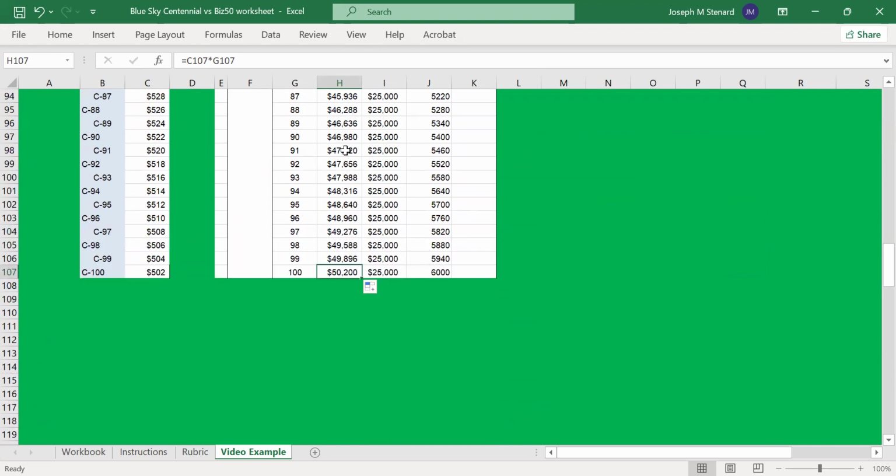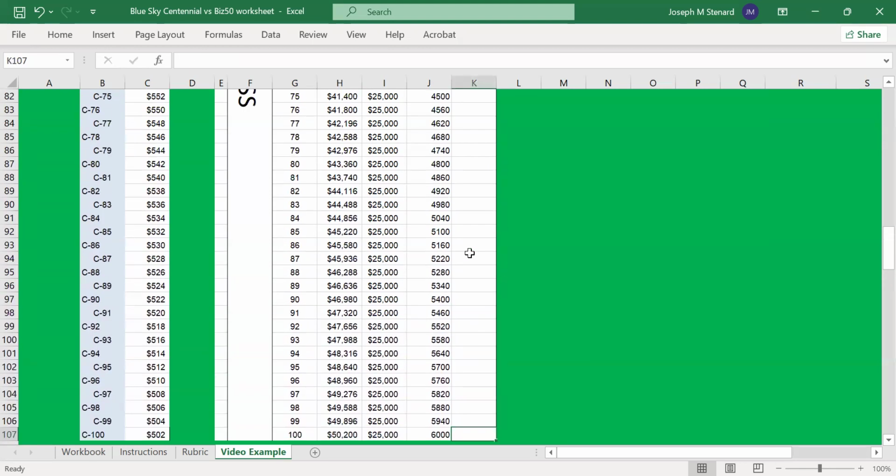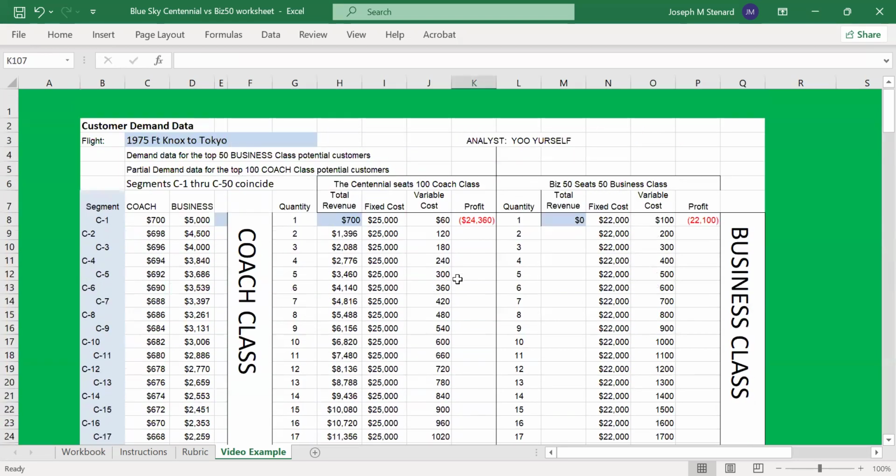And since the revenue is still ascending, it's still getting larger and larger, we probably could have used an even bigger plane, but we don't have one at our disposal. So the profit possible here would be 52,200 minus the 25,000 fixed cost minus the 6,000 in variable cost. And the same would be true all the way down.